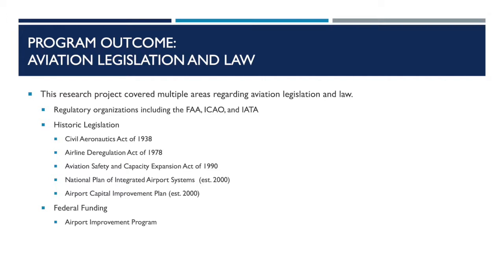Okay, and discussing the next program outcome of aviation legislation and law, you can see here the specific bullet points that touched on this topic, including the regulatory organizations such as the FAA, ICAO, and IATA.